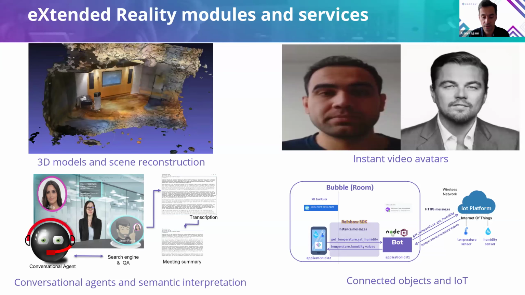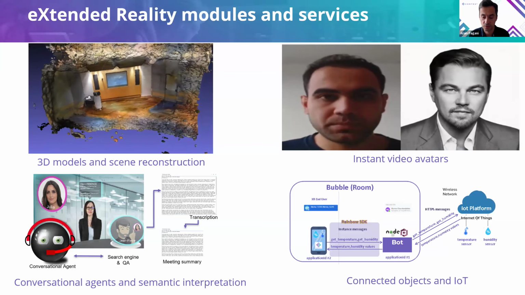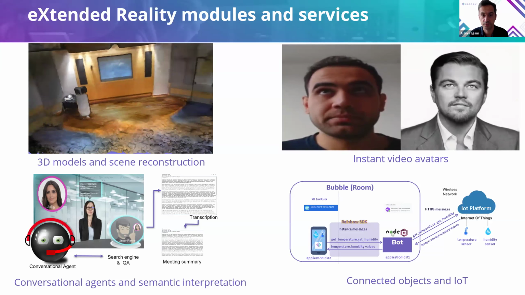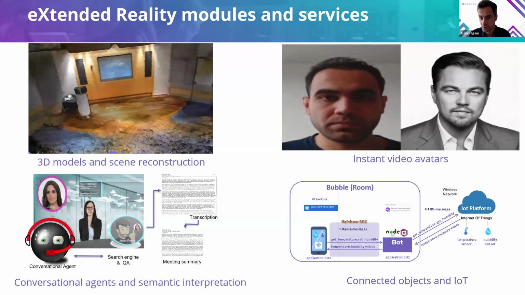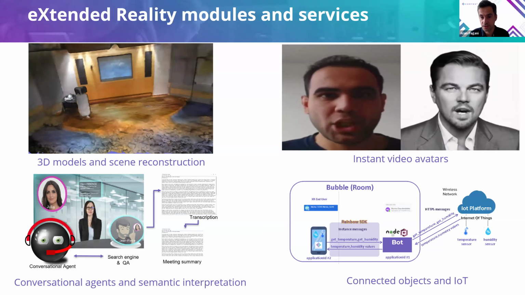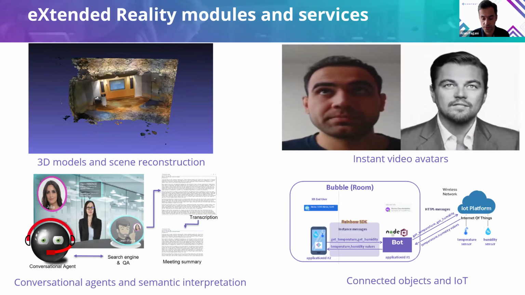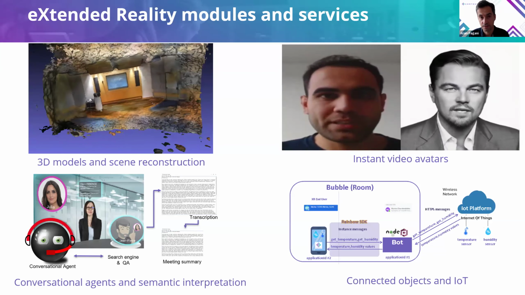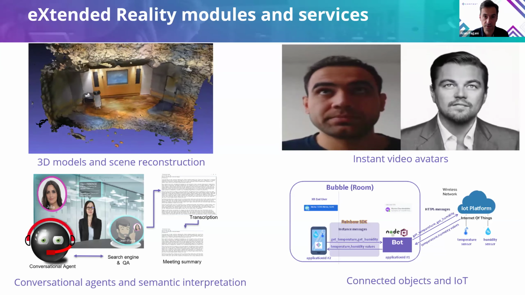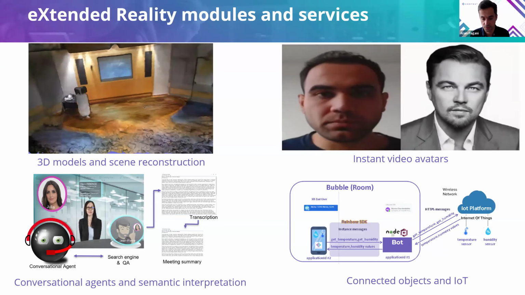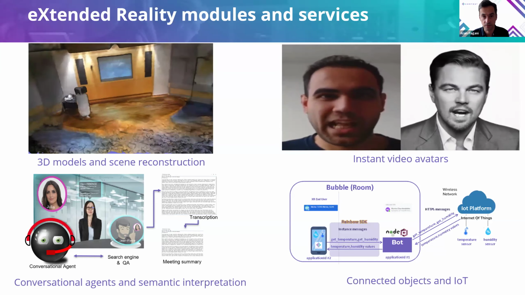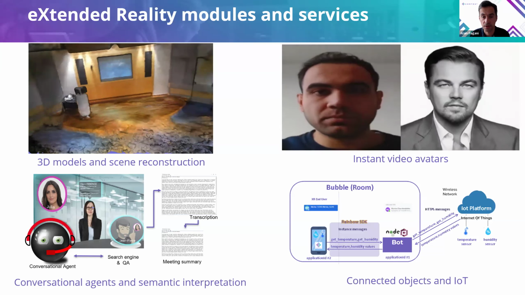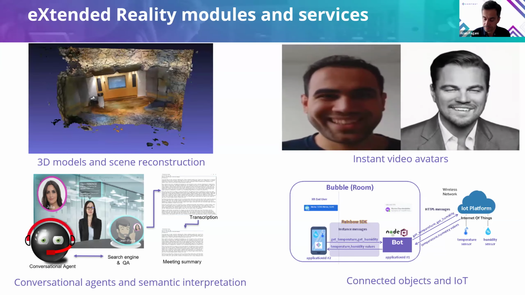You can also ask this agent to provide you with some information that it will search in the context of the business meeting. And the last one is the connection with IoT. Here we have an integration with an IoT framework where you can virtually connect any device that has an IoT interface, and you can start to get information or data from this device, and also you can trigger this device from within your experience.